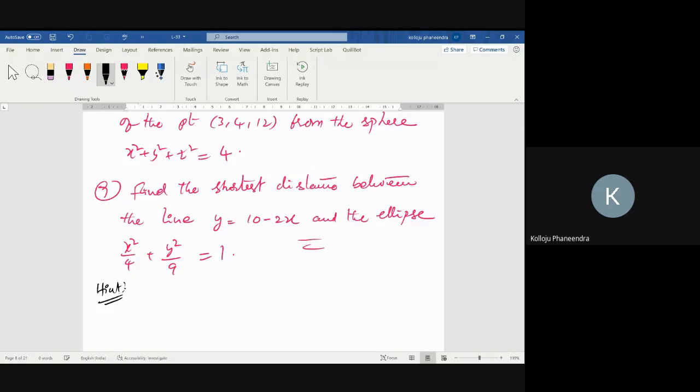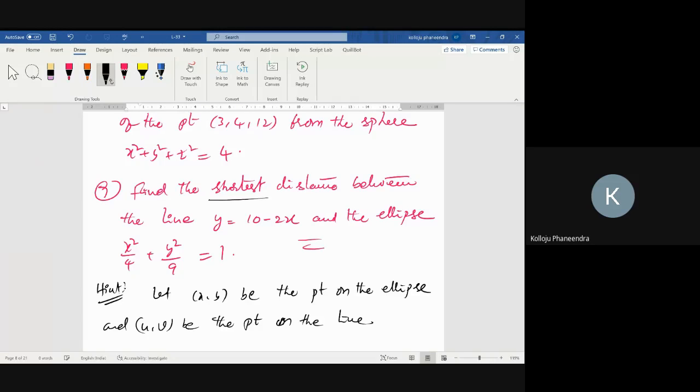Let x, y be the point on the ellipse, and u comma v be the point on the line. Why? Because see the question: find the shortest distance between the line and the ellipse.